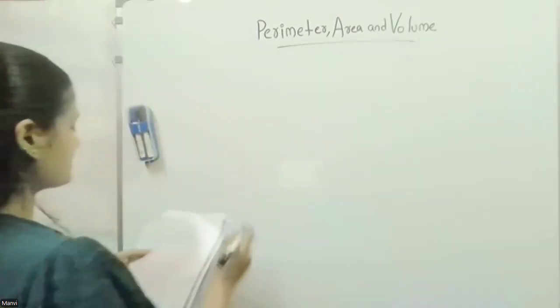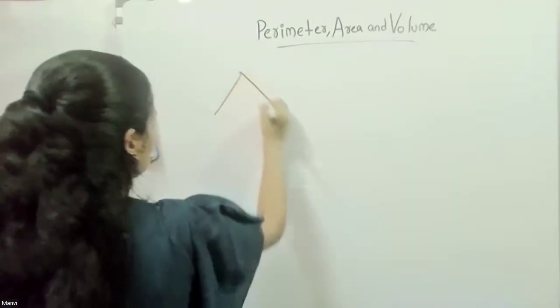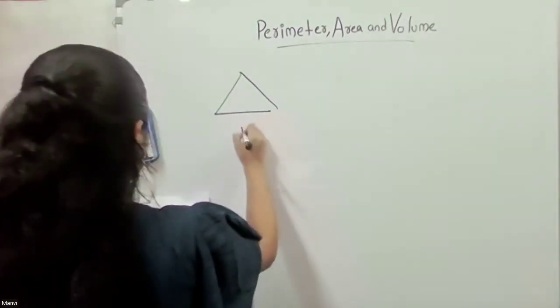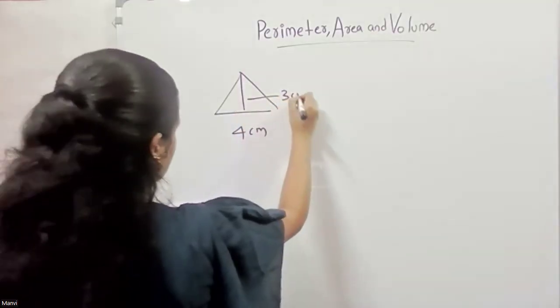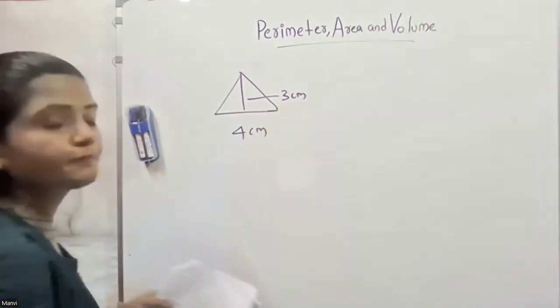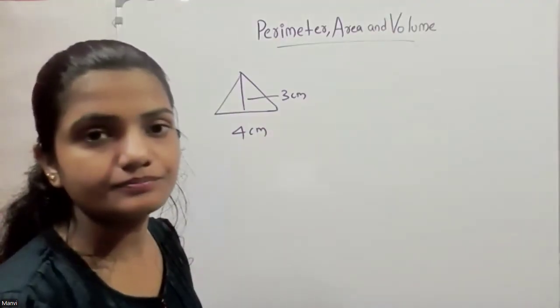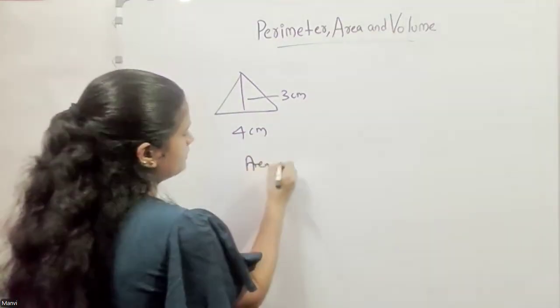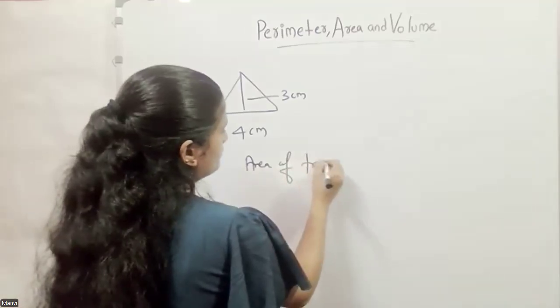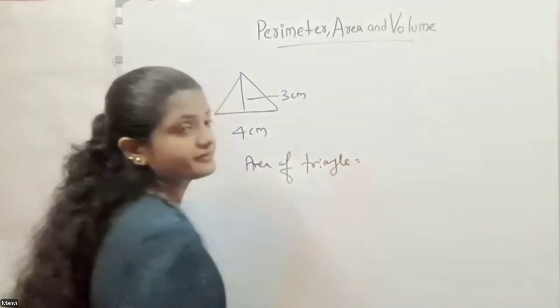Now we have one triangle whose base is 4 centimeter and height is 3 centimeter. Please find the area of this triangle. Area of triangle, the formula is what?